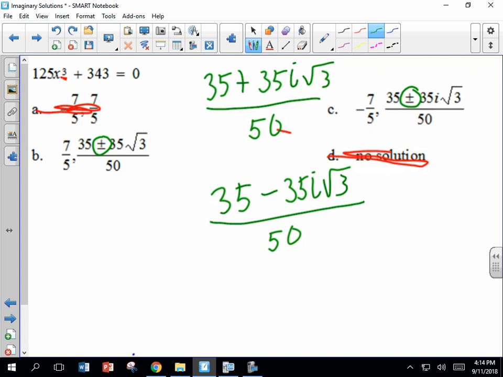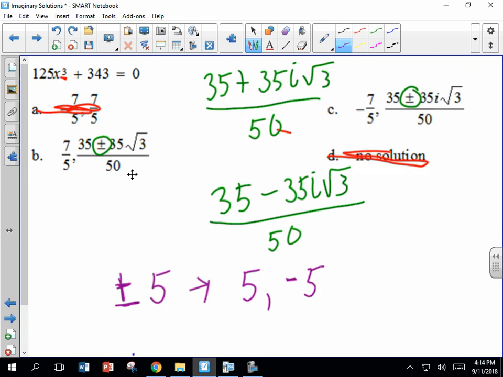Now this looks like a complicated answer, so let me give you a simpler one. If you see plus or minus 5, that means you have a positive 5 and a negative 5 as an answer. These just look a little more complicated, but it's the same concept.